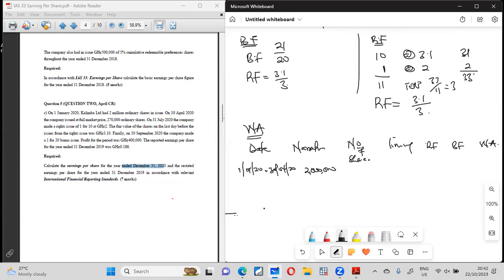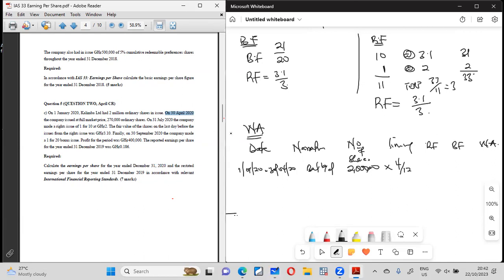All right. So this is our narration. Let's draw it well. This side will be the balance brought down, and we have 2 million shares. Okay. So the timing will be how many months? 4 months, right? From January to 30th April.